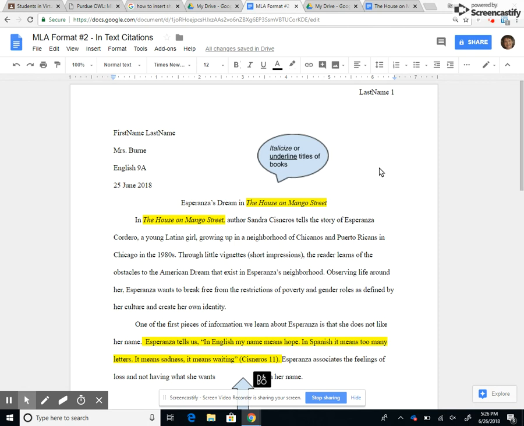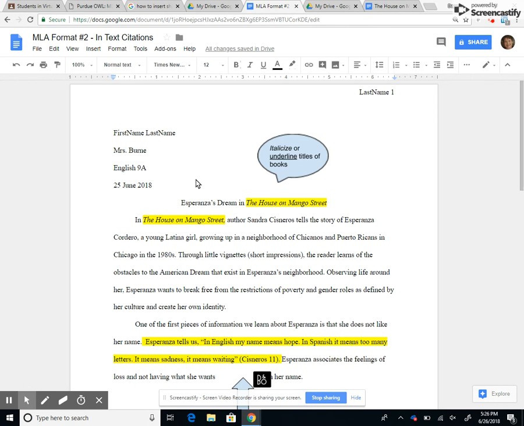And if you watched the previous tutorial, then you saw how we set all this up. So here we're looking at the last name and the page number that is inserted in the header, and then the document header. You have it here: first name, last name, teacher, class, date, etc.